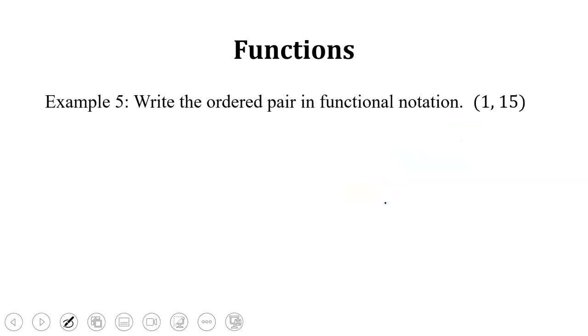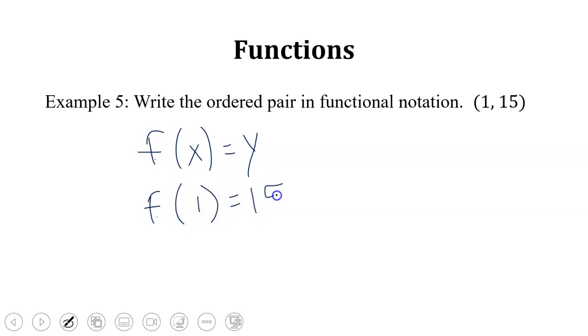And example number 5, now we want to write the functional notation. They give us the ordered pair. So f of x equals y. Plug in my x, which is positive 1. And what is the y? 15.